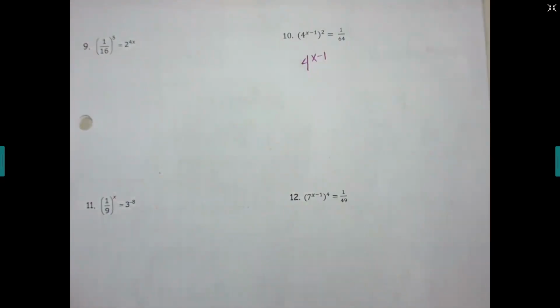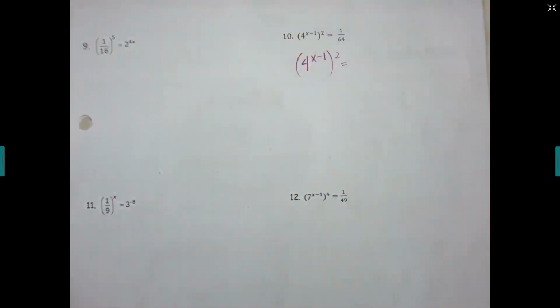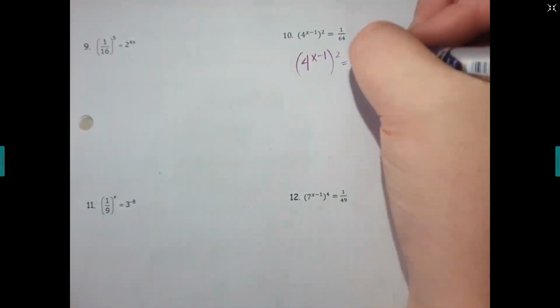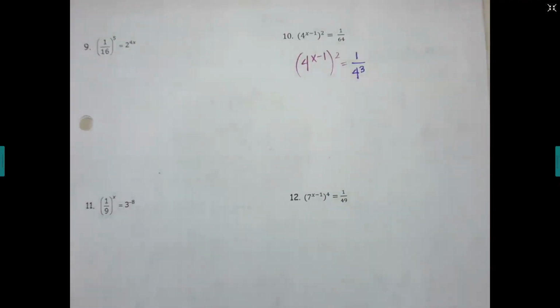So here's what we have. 4x minus 1, all of that squared, equals 1 over 4 to the power of 3. Now, we have a little bit of a problem. I have a 4 here, and I have a 4 here, and normally I can just cross those out. But this 4 is in the bottom of a fraction. Do you notice that?